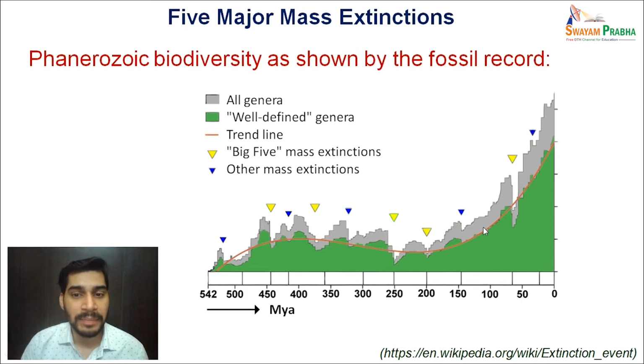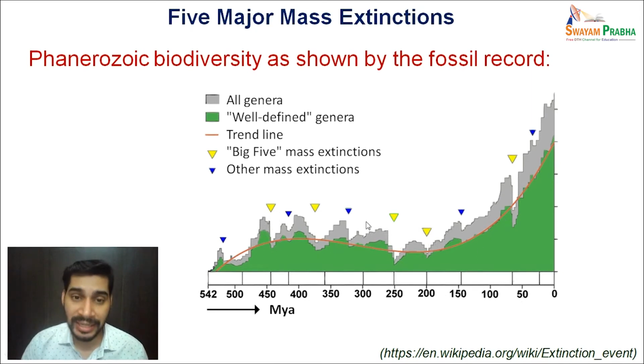This line simply is a trend line to show the graph. The yellow colored triangles which you see here indicate the 5 major mass extinction events. So here you can also have an idea about the time point, that is in million years, when these major mass extinction events took place.